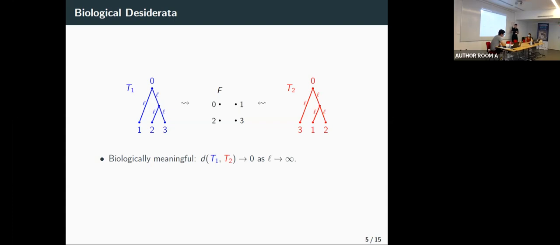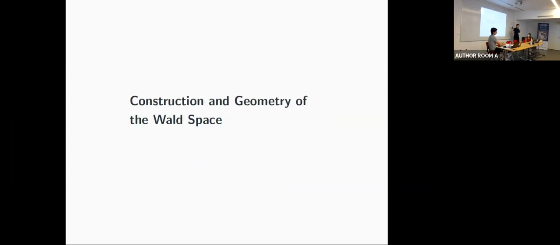So in some sense, the root doesn't make sense anymore. So we consider unrooted forests. And in this case of the BHV space, it's actually the case that this distance grows to infinity linearly as L goes to infinity. Okay, so that's why we want to construct a new space, or that's one of the reasons.